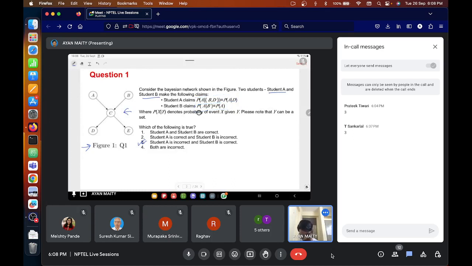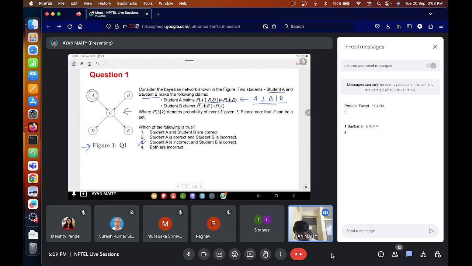Probability of A given B and D equals probability of A given D. This basically says that A and B are independent given D. This is the notation generally used for conditional independence: A and B are conditionally independent given D. So we have to verify it using this Bayesian network.